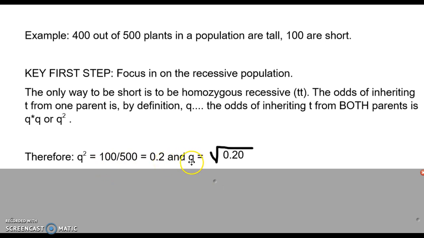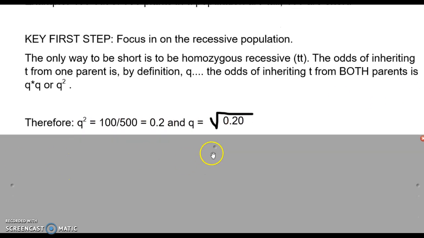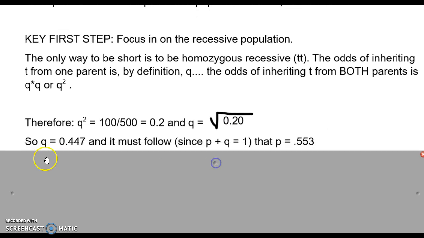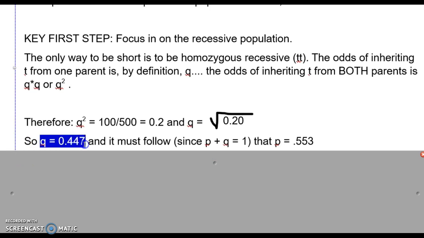So if we take the square root of both sides, the square root of Q squared is Q, and the square root of 0.2 is whatever that number is. We wind up with Q equal to 0.447. That is the square root of 0.2.